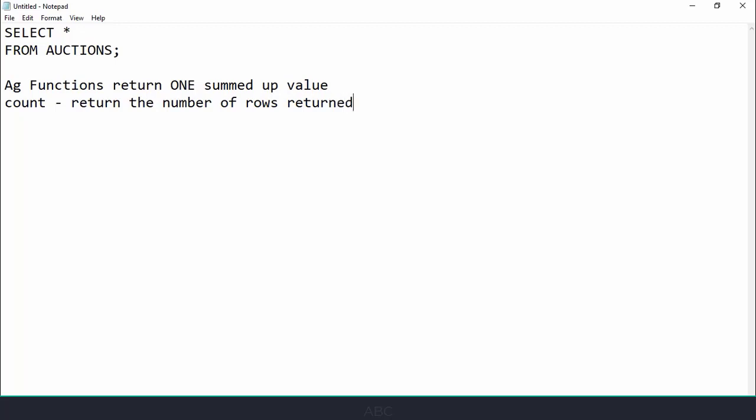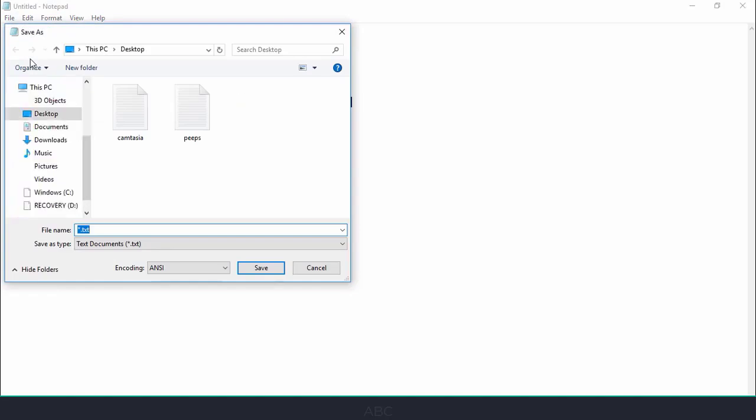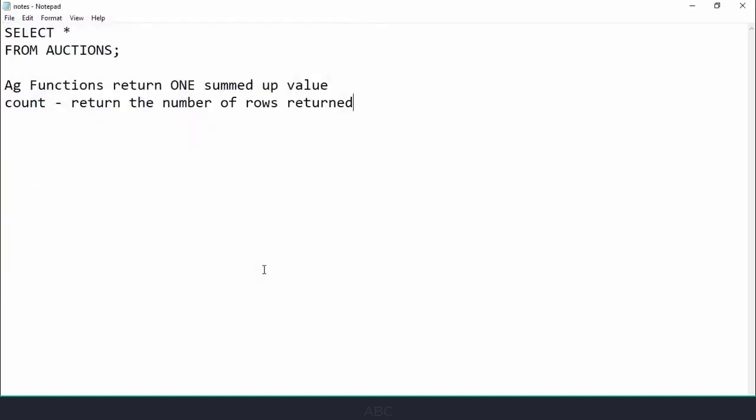Count returns the number of rows returned. All right, what does that mean? Let me just save this here, in notes. And again, I'll find somebody to get this to you if you want them.